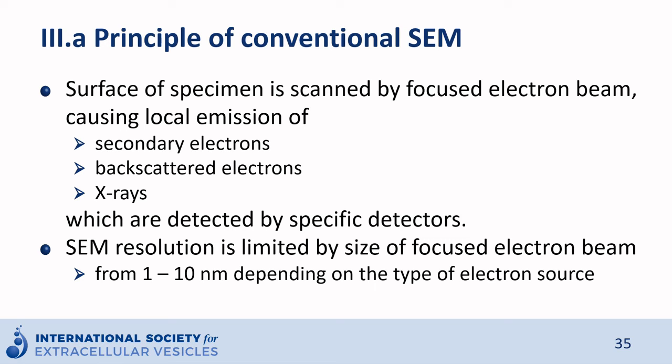Deceleration of electrons upon interaction with the sample is a source of a continuous electromagnetic wave spectrum called Bremsstrahlung within the X-ray wavelengths, which can give information on the elemental constitution of the sample. The size range of the X-ray and electron wavelengths enables observation of extracellular vesicles, which are too small to be observed by visible light microscopy.